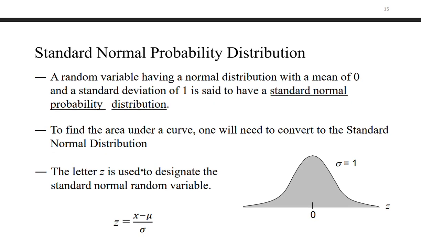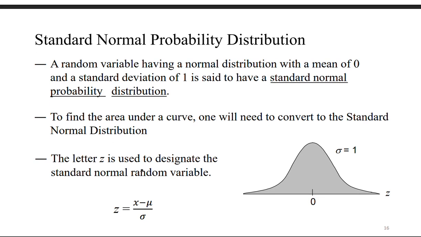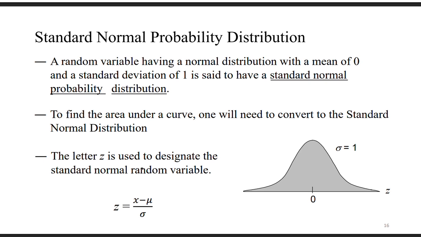Okay, now let's focus our attention on how to calculate the probability for a normal distribution. How do we calculate the probability for a normal distribution? We don't use that complicated formula. No, that is not how we calculate the probability. What we use is what we call the standard normal probability distribution table.